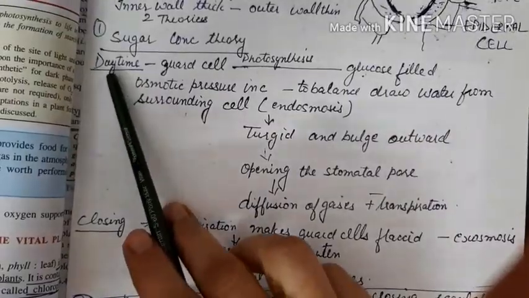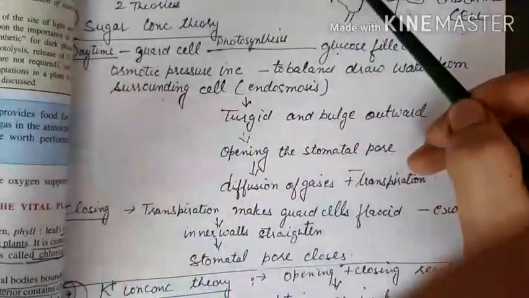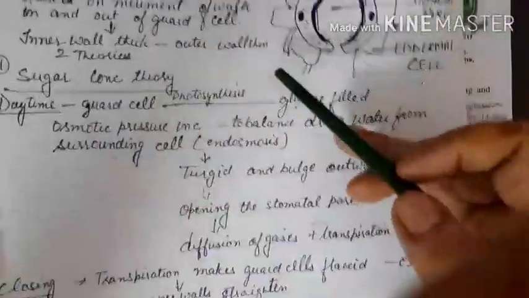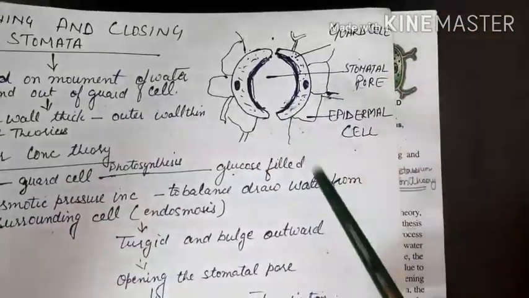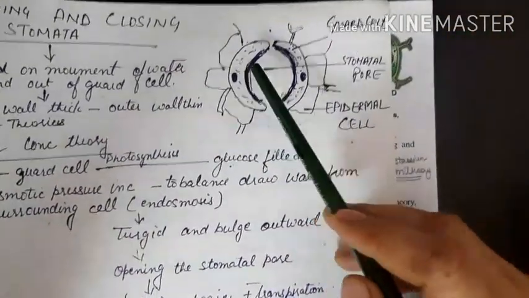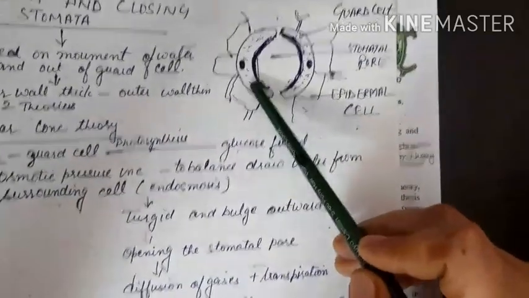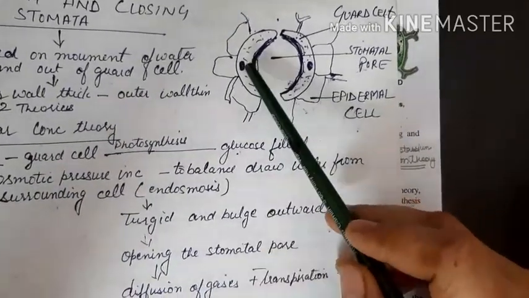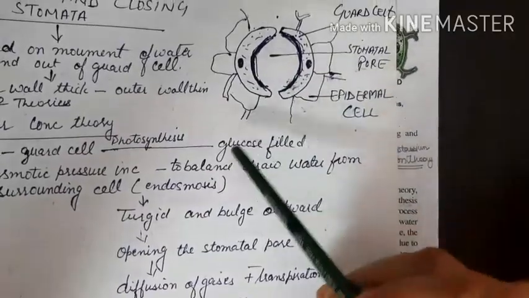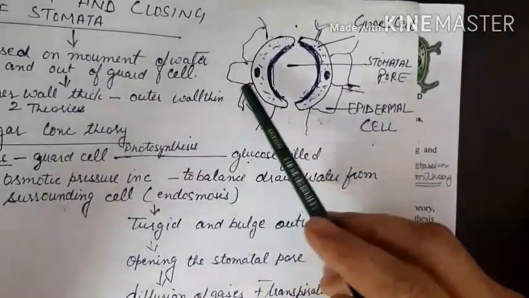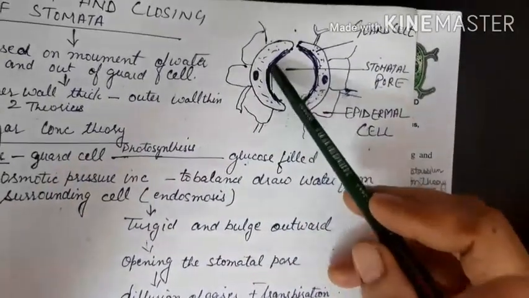Now during daytime, the guard cells prepare food with the help of photosynthesis, and glucose is prepared. So glucose is filled in these guard cells.